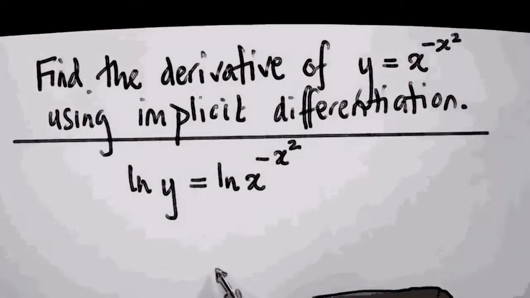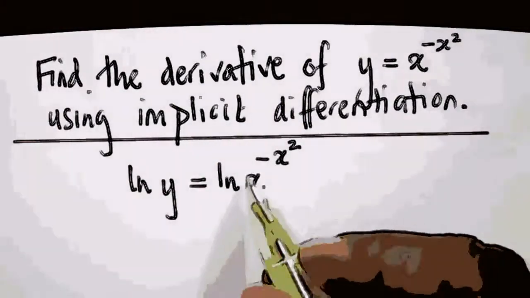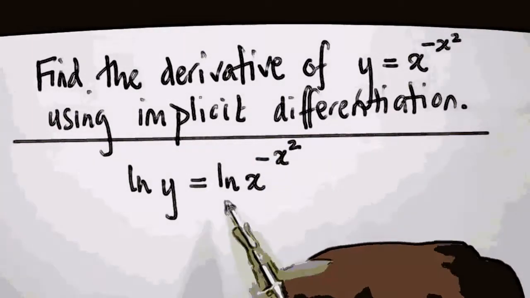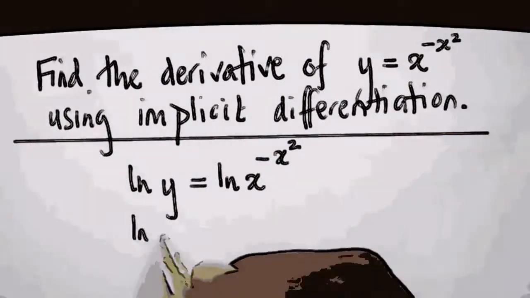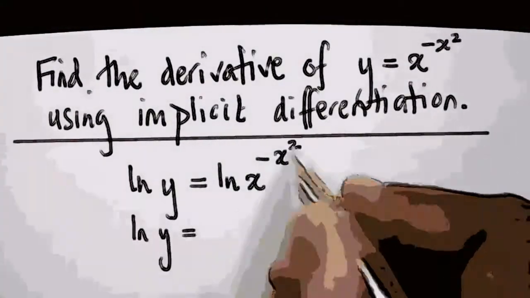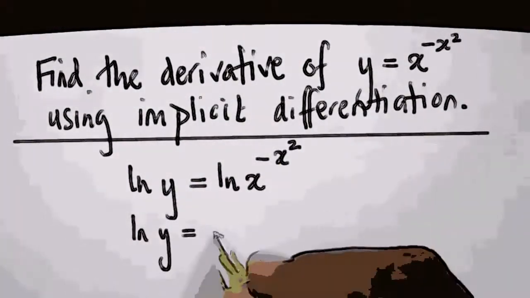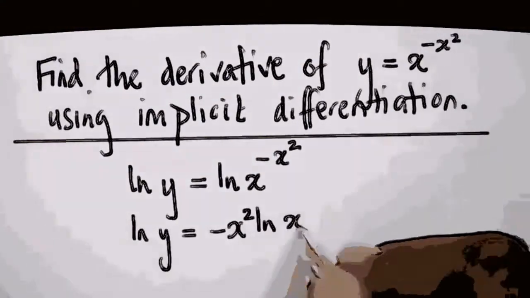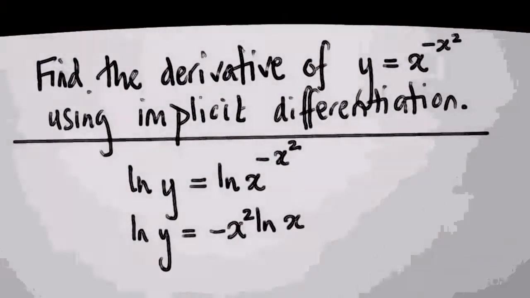That's for starters. Now you can see that on the right, we can apply the power rule of logarithms. So this becomes ln y, and because of the power rule, we bring down the minus x squared, and we can rewrite it like this.